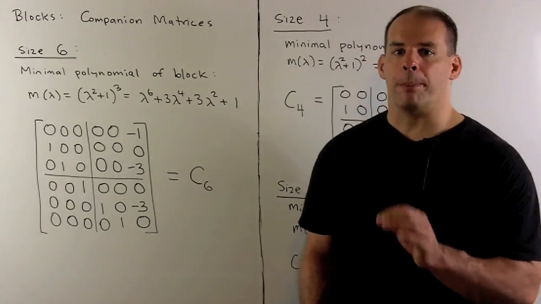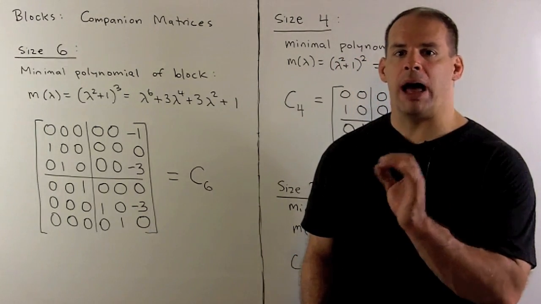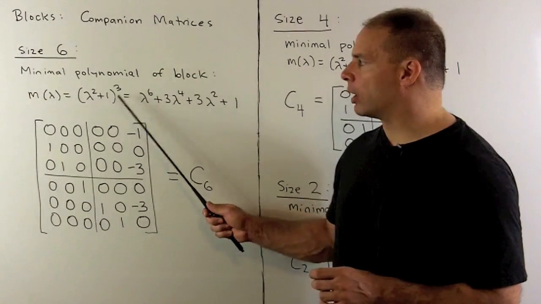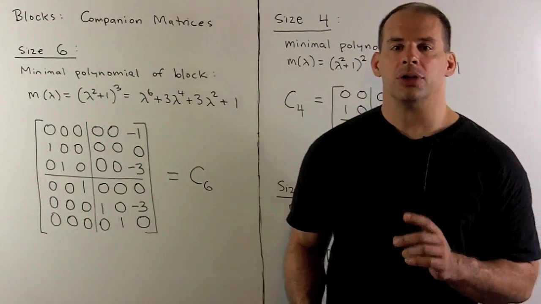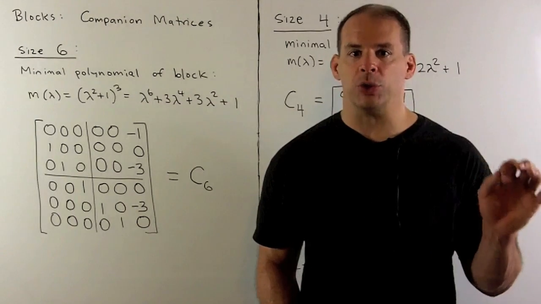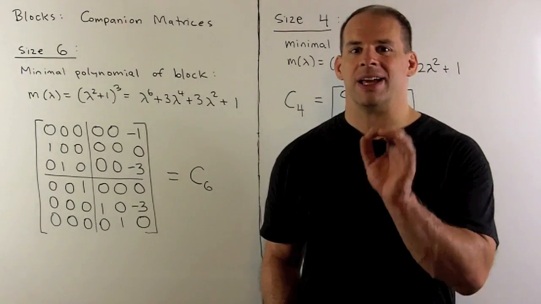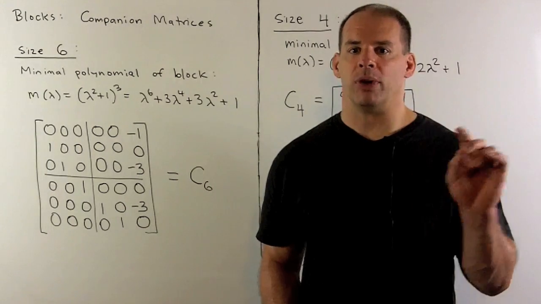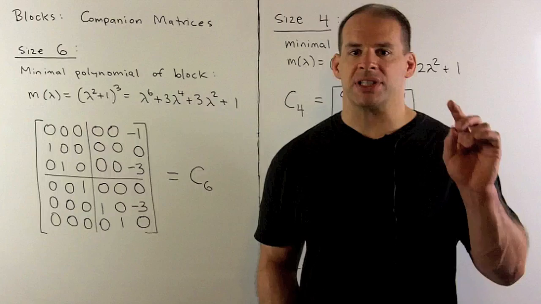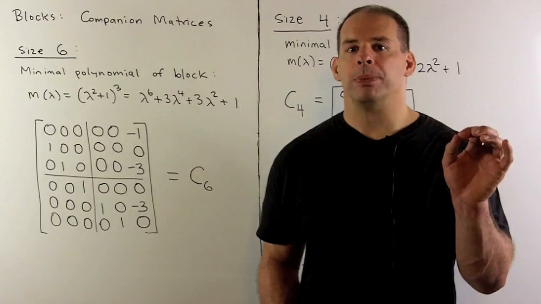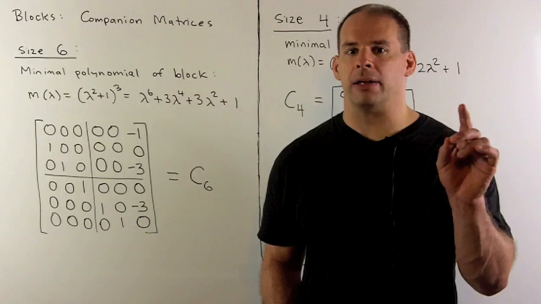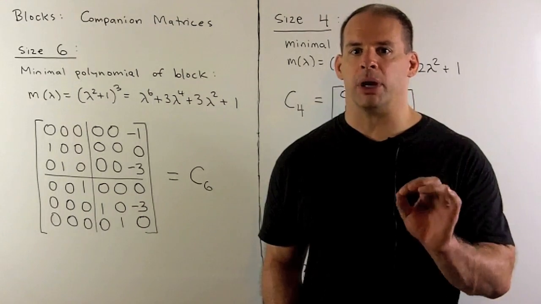Here, our blocks are going to have minimal polynomials that are powers of our irreducible factor, λ² + 1. If the minimal polynomial is λ² + 1, we have a 2 by 2 block. If it's (λ² + 1)², we have a 4 by 4 block. If I have (λ² + 1)³, we have a 6 by 6 block. And we note we don't have any larger blocks. So we just need to figure out the companion matrices for these 3 types of minimal polynomial.